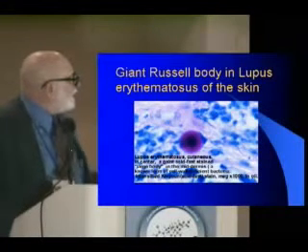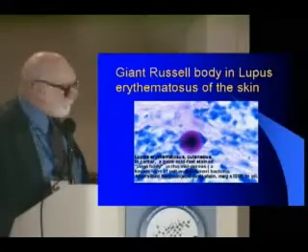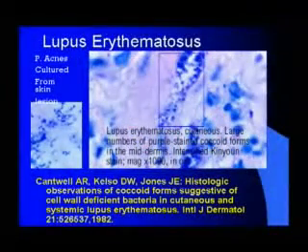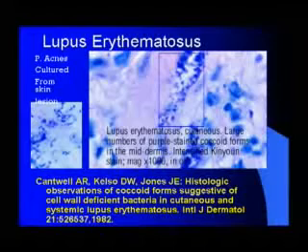Now, here again is the same slide from lupus, and on the right, you will see this is the common way the germ looks. It's those little tiny coccoid, little staphylococcus-looking forms here. And this is the skin of lupus.